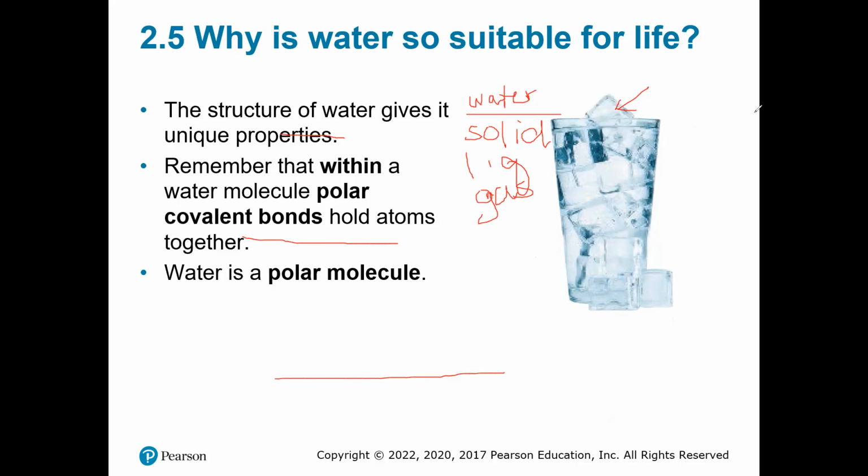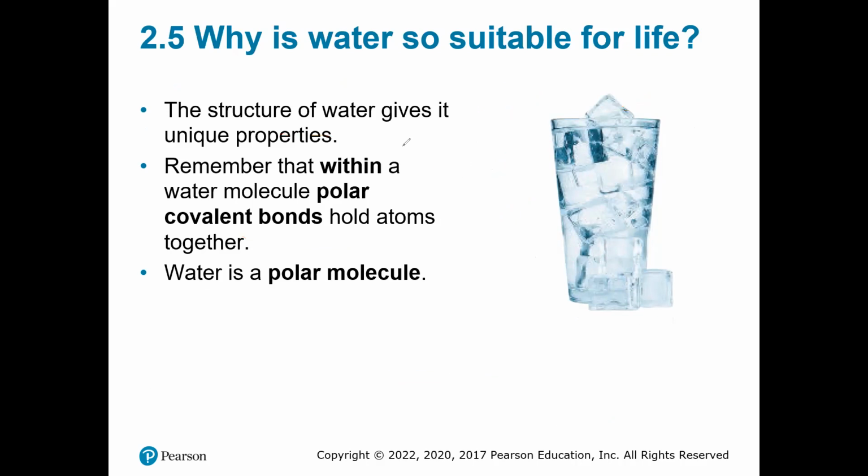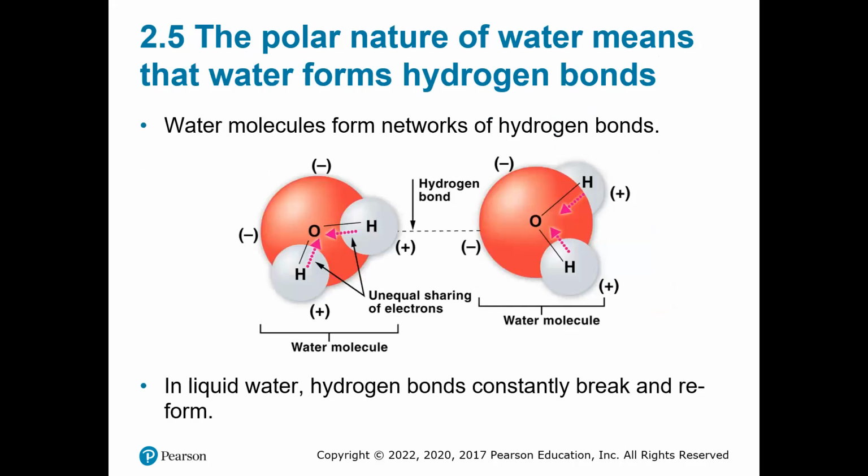So water, it's all about the hydrogen bonds, and I already told you this. Within a water molecule, we have polar covalent bonds, so water's polar, and that's going to be important. Because of this polar nature we get hydrogen bonding, and this picture is very busy, but I want you to see this hydrogen bonding.